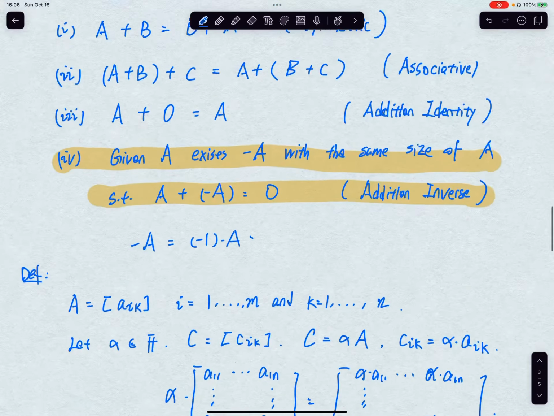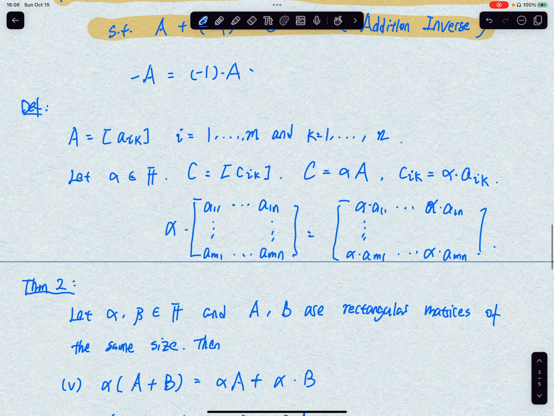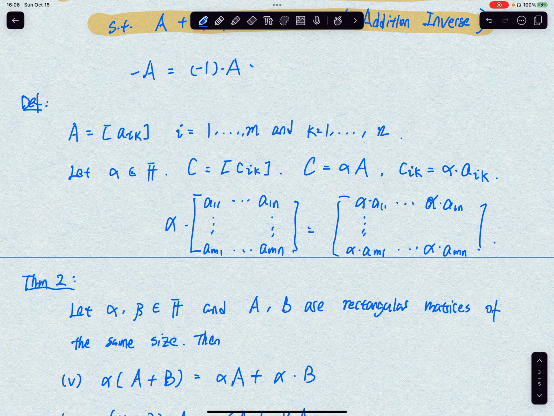So now we have the addition of matrices and the scalar multiplication of matrices. It leaves us to consider the multiplication between matrices.